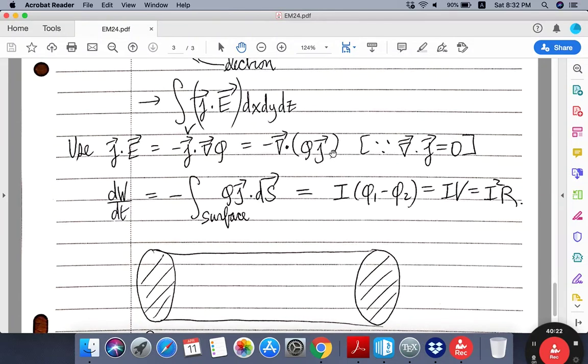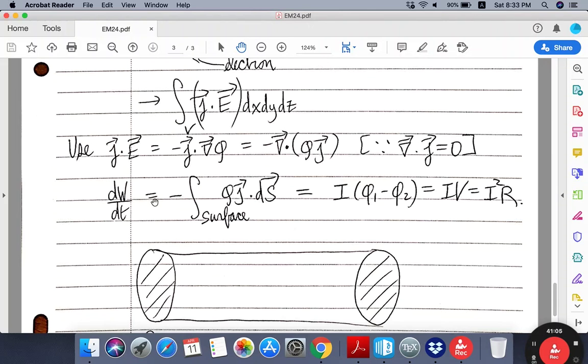Now we're going to do some more manipulation of this integral. Notice that this inner product can be converted to the inner product of the current density vector with the gradient of the potential, and that expression can be converted to a total divergence by virtue of the fact that the divergence of the current density is zero in a steady state, and we're of course only considering the steady-state situation.